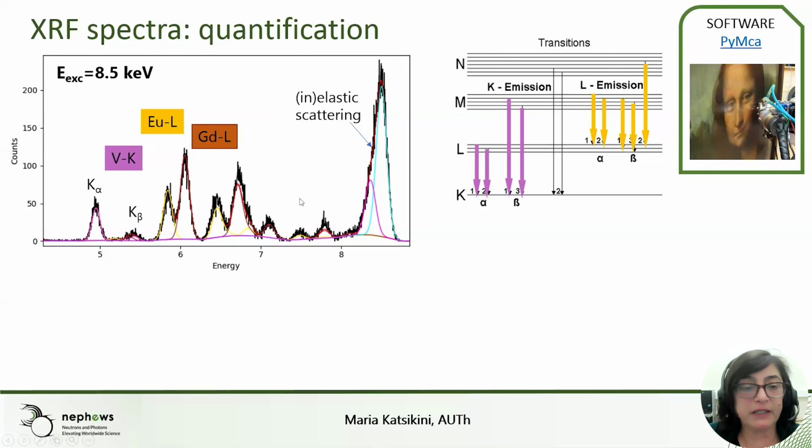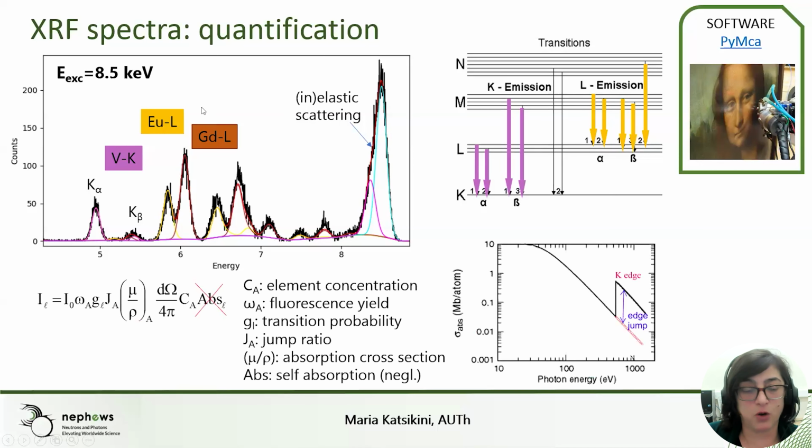Now, in order to obtain information on the content of the elements, we should fit the spectra. For this purpose, we have used the PyMCA software, and there is a very simple formula that relates the area under the peak with the concentration of the element.